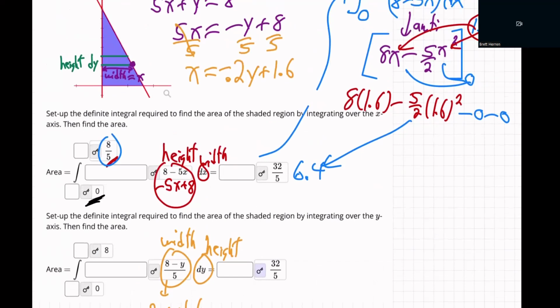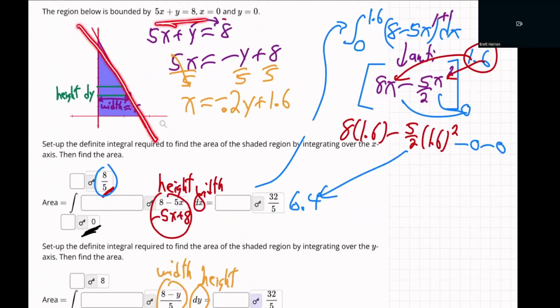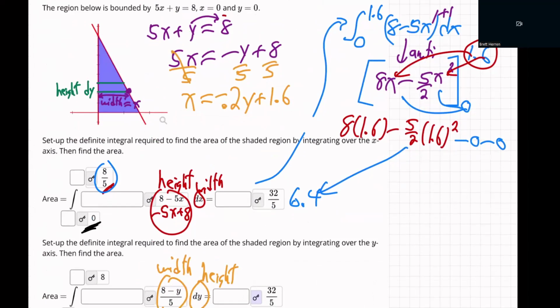See how we're doing that? So for each of these rectangles, the width is just x, and x equals that. When we took that equation, this is the equation of this line. If you want to know the x coordinate on that line, how far over to this line, find x, get x alone. It's that. The height is dy, so the area of this rectangle is x times dy, but x is this times dy.